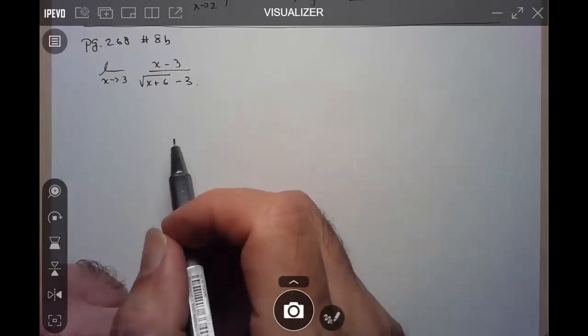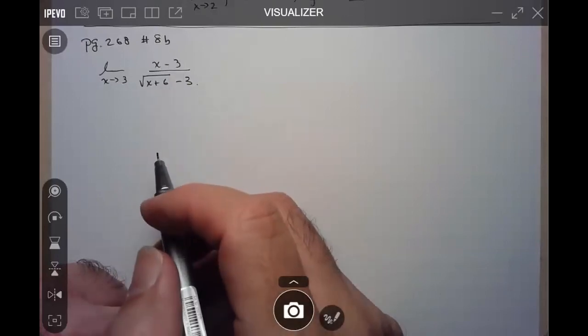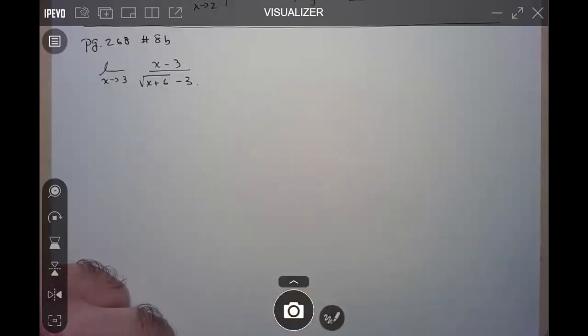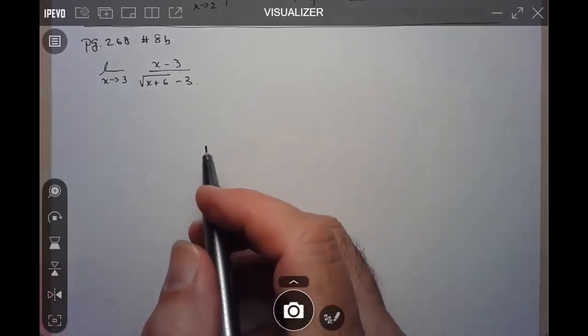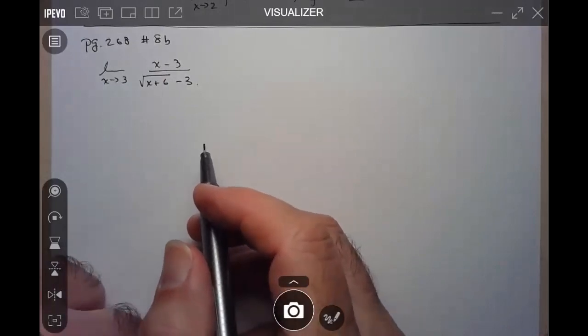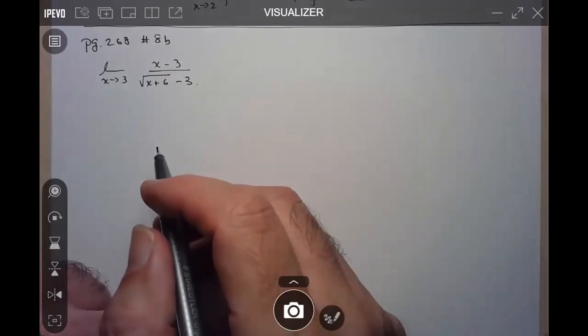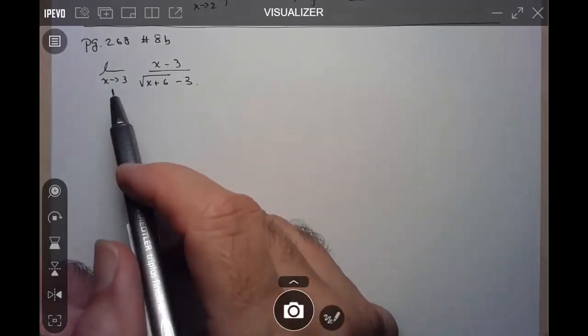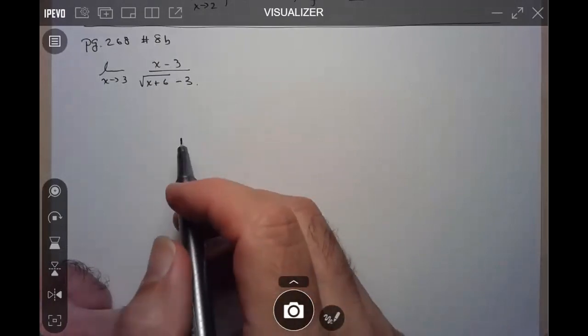The limit doesn't exist. But we notice that the numerator also approaches 0. And so this is where we have to do further investigation. What we mean by further investigation is do some algebra to see if we can actually determine the value of this limit. Remember, you only have to do this if both numerator and denominator are approaching 0.